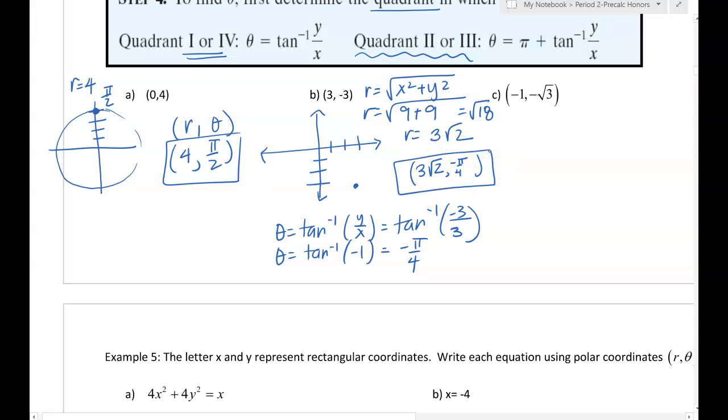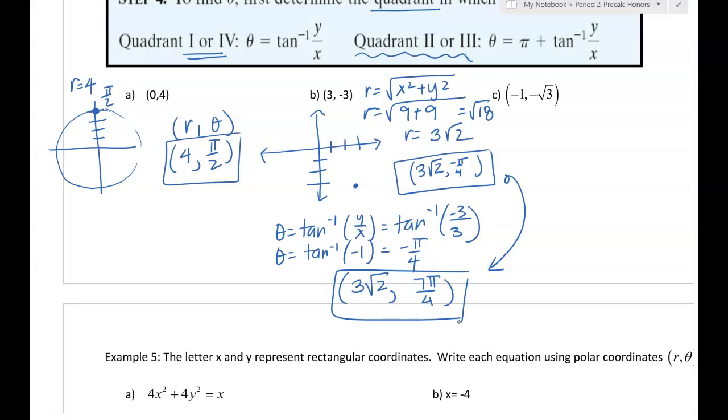Now, would it be okay to use a positive angle? Of course. I'm going to write it down here. What if we write 3 radical 2 comma 7 pi over 4? Why not? I can totally do that. If I don't choose to go clockwise on my angle, I can go counterclockwise and I would still get to the same exact dot. And you can even get creative.